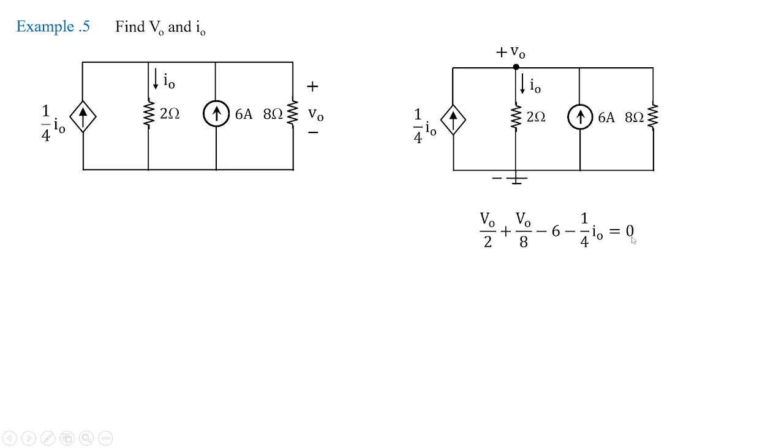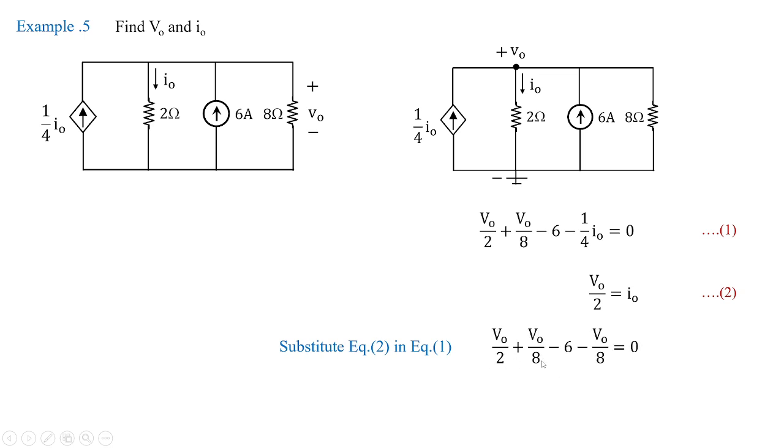Now equating this equivalent to 0, and also remembering that I0 is nothing but V0 by 2. So these two equations I'm framing as 1 and 2, and substituting equation 2 in equation 1, I'm going to get V0 by 2 plus V0 by 8 minus 6 minus this I0 is nothing but V0 by 2. 2 into 4 is 8.